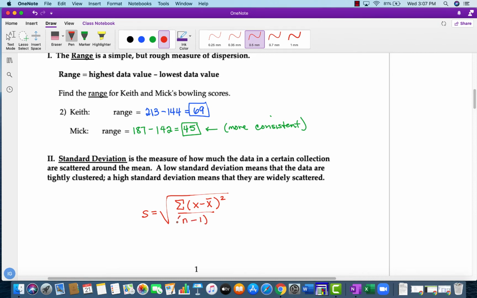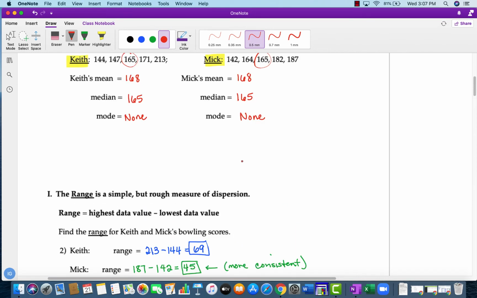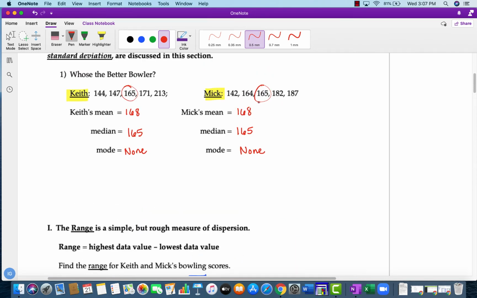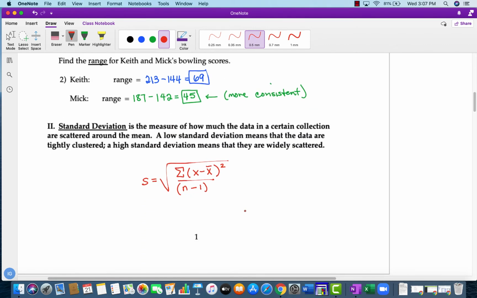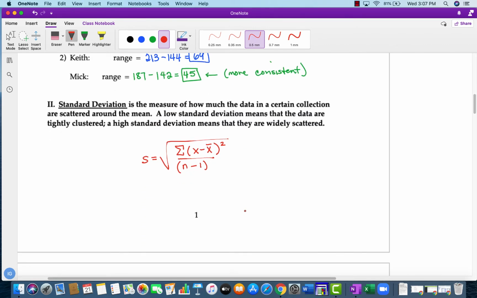Remember, n is the number of values in your set. For example, in this data set, n is 5 because you have 5 numbers. So here is your formula. We are going to practice this right now on the next problem.